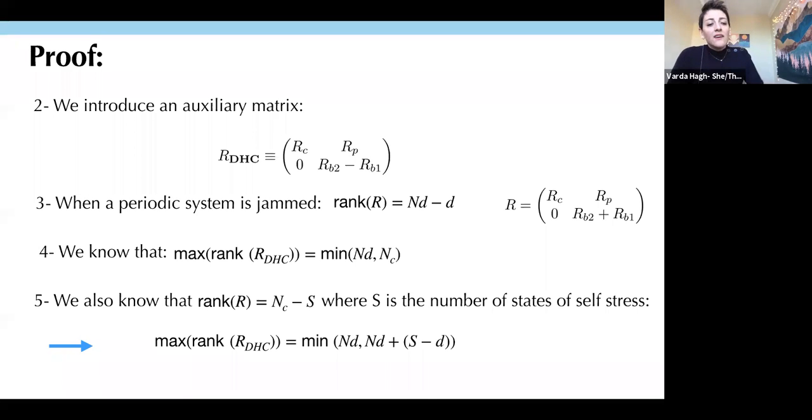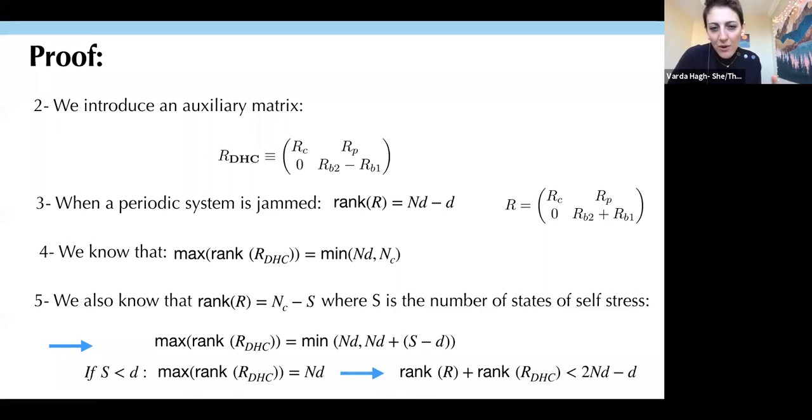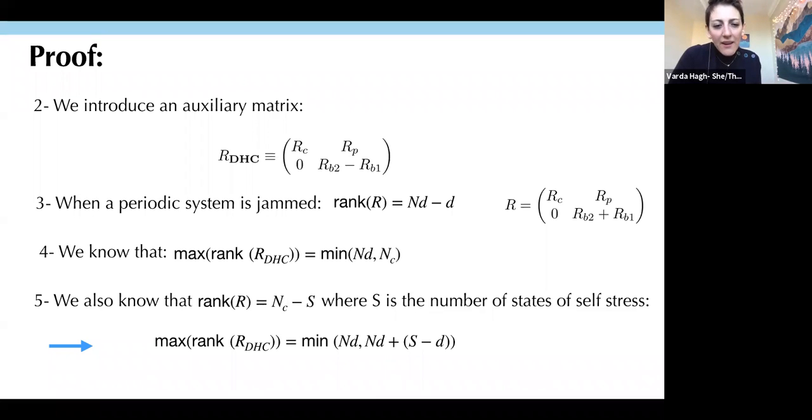All right. Now, we also know that rank of R equals the number of constraints in the system minus the states of self-stress. If rank of R is ND minus D, from Maxwell's count, I know that ND minus D would be equal to NC minus S. So rank of R is also NC minus S, where S is the number of states of self-stress.